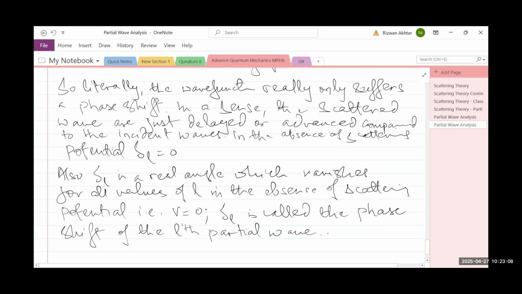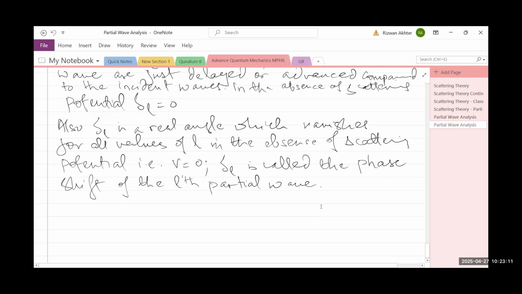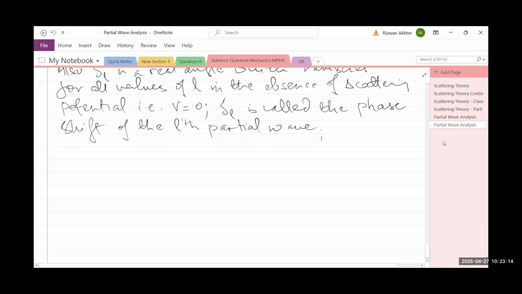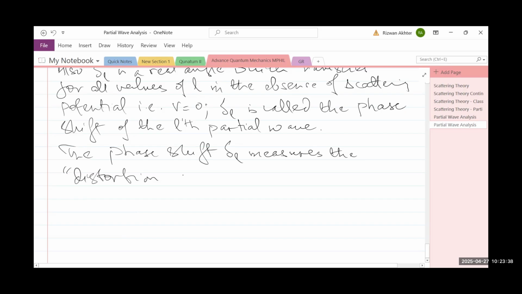या सो दूसरे लफ्जों में हम ये भी कह सकते हैं कि delta L क्या चीज कर रहा है, it is in fact a distortion in the radial wave function. So the phase shift delta sub L measures the distortion of R sub k L of R from the free solution.